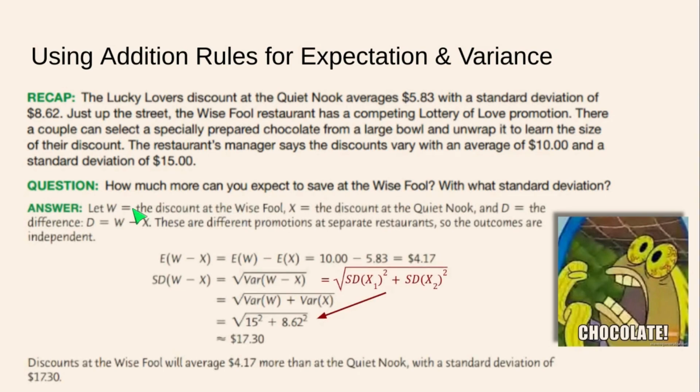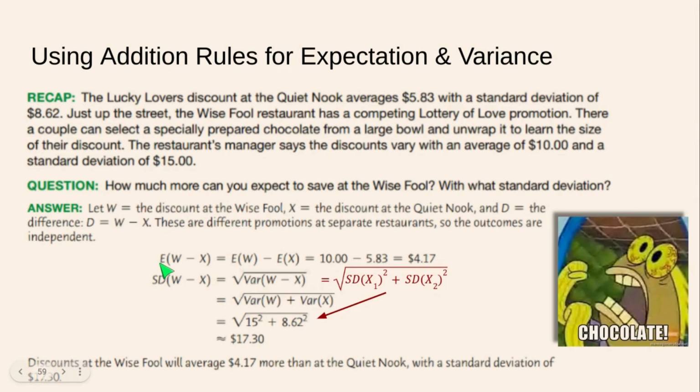So we're going to let W be the discount at the Wise Fool, X be the discount at Quiet Nook, and D would be the difference, which would give us the benefit of going to the Wise Fool as opposed to the Quiet Nook. These are different promotions at separate restaurants, so the outcomes are independent. If you do well at one restaurant, it should not affect how well you do at the other restaurant unless there's really a fix going on.